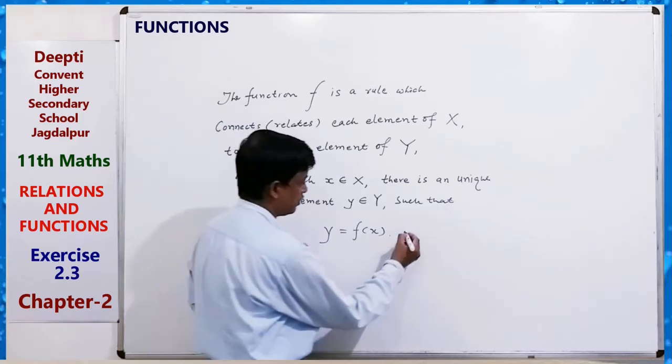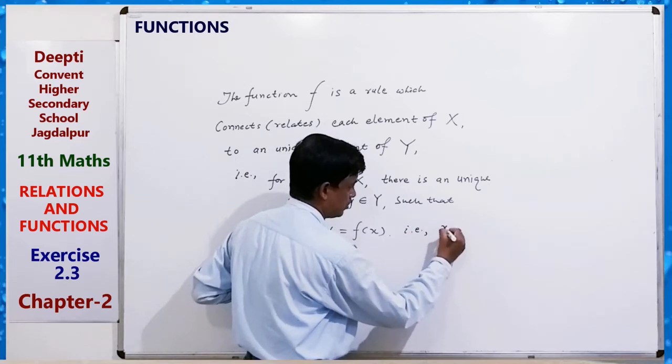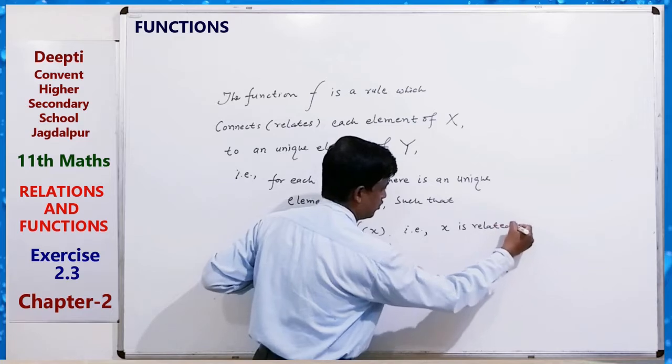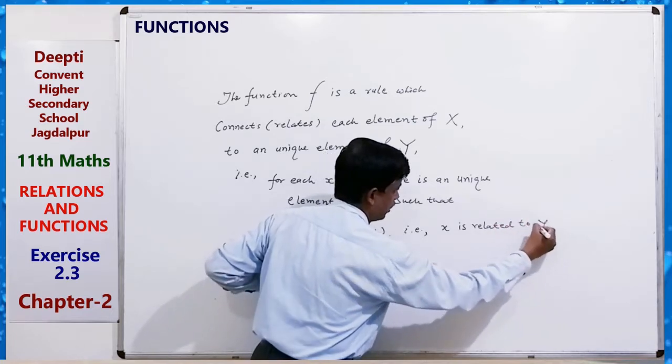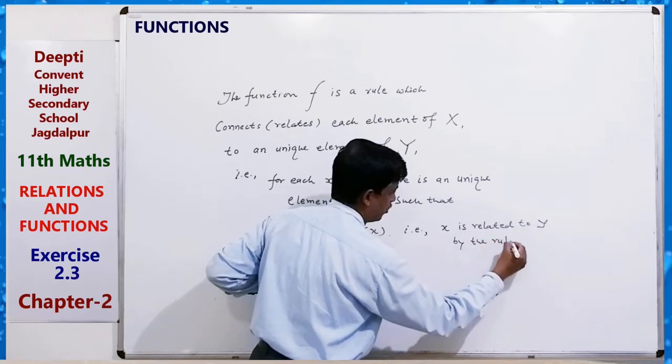That is, x is related to y by the rule f.